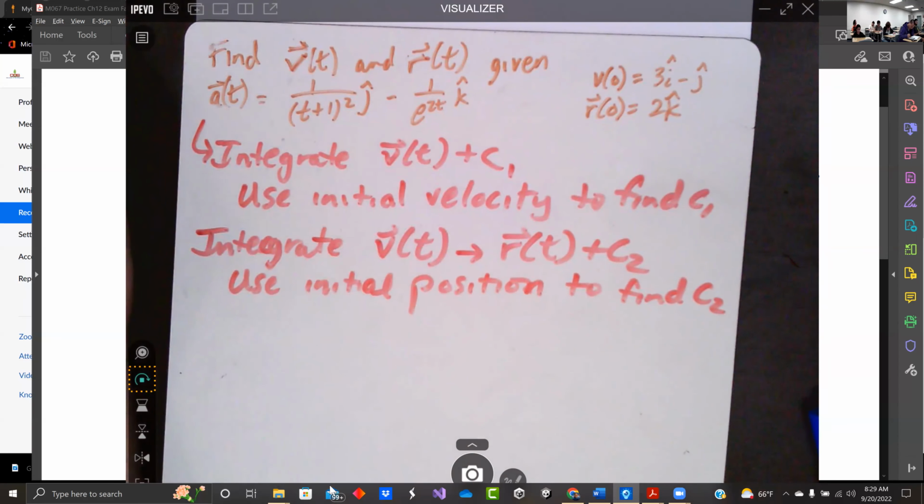Your problem was so difficult. Lawrence's tablet crashed. What's the last name? Or was it just out of charge? Given A of T, find the vectors V of T and R of T. Oh, that's an A, yeah, that's weird.